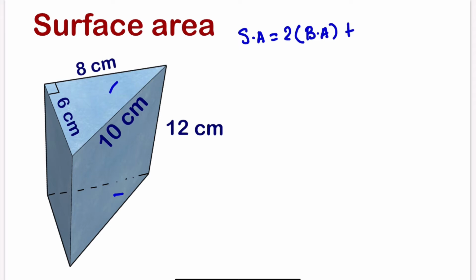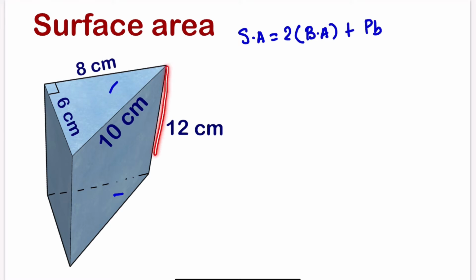we can see that if we look at the area of this side, because we need to look for the area of all the sides, the height will be 12. If we look at the area of this other side, the height will be 12. So the fastest way of doing it is what? You use the perimeter of the base. So we are going to have the perimeter of the base times the height.